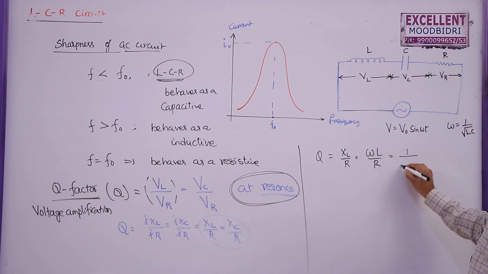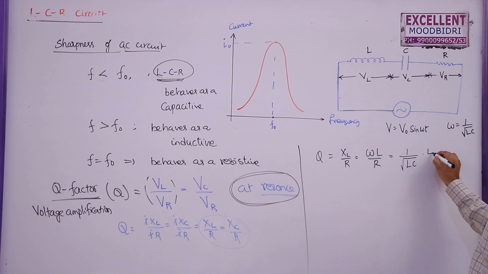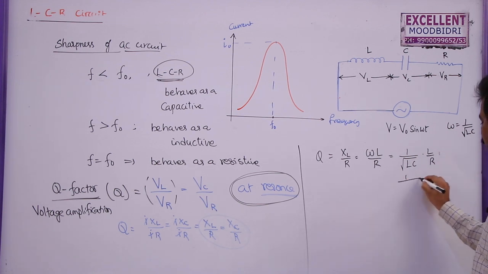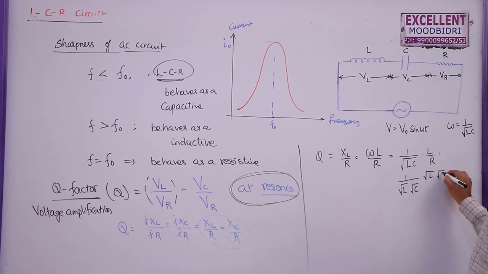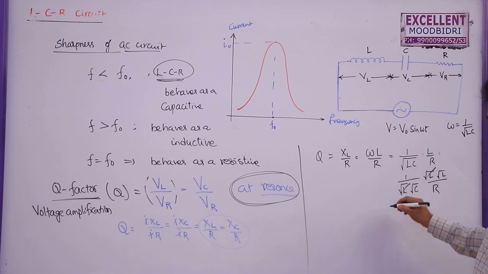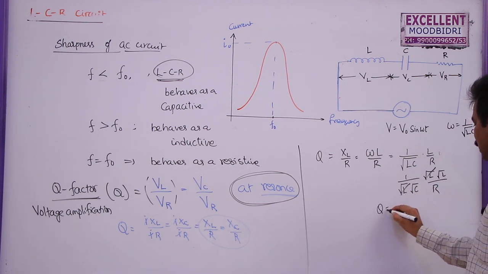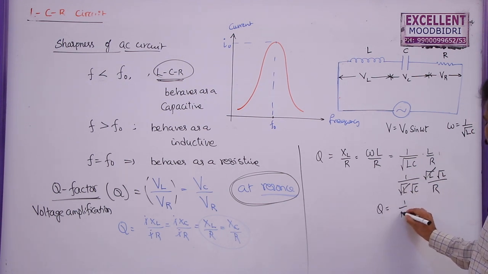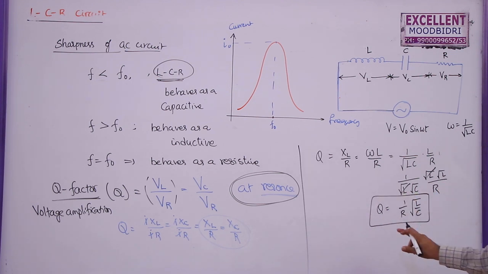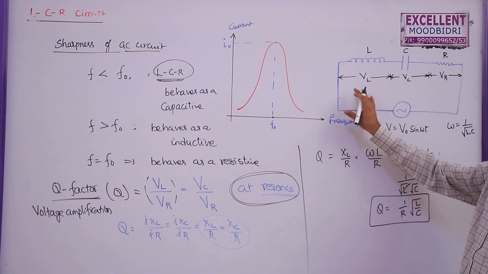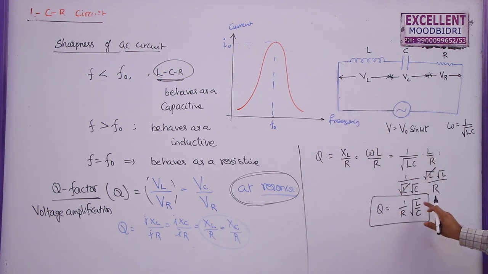So in place of this, you can write 1 by root LC into L by R. So you can write this as 1 by root L root C into root L root L by R. This cancels. So the quality factor is given by 1 by R root of L by C. So this is the quality factor of the LCR circuit at resonance, in terms of inductance, capacitance and resistance.